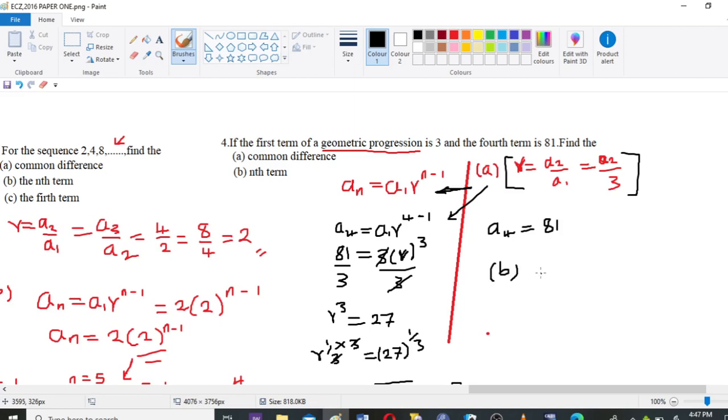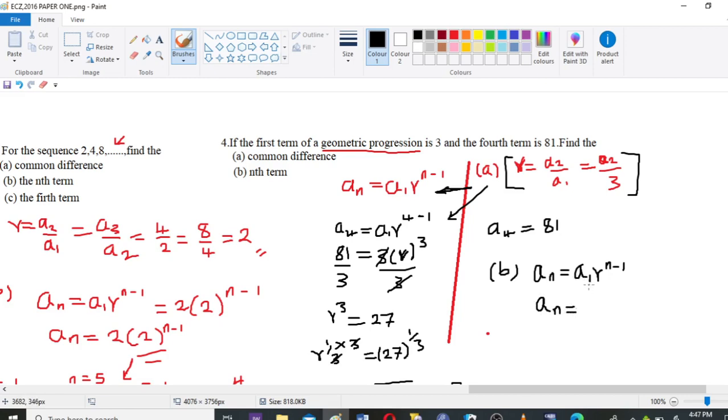Using the general formula, our formula is an is equal to a1 r raised to the power n minus 1. So we want the nth term, and we haven't been given the position of this term, so the position, which is n, will remain the same.